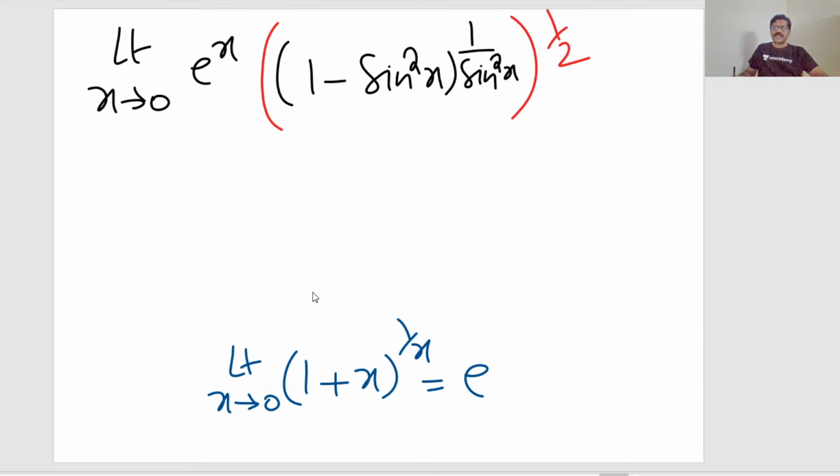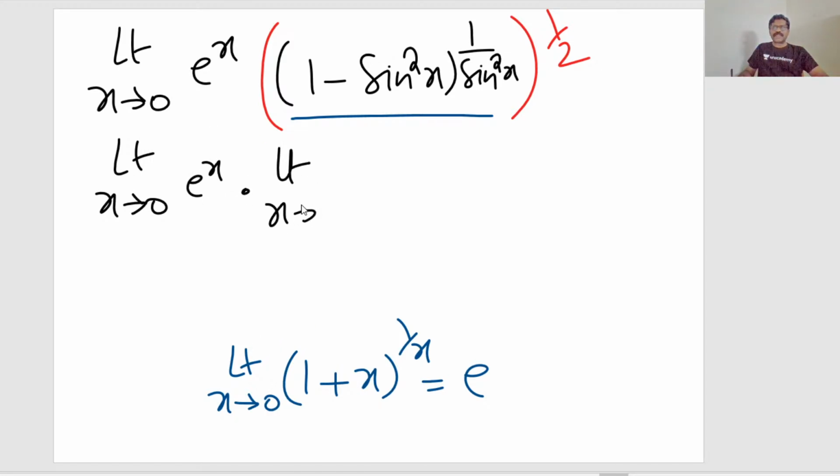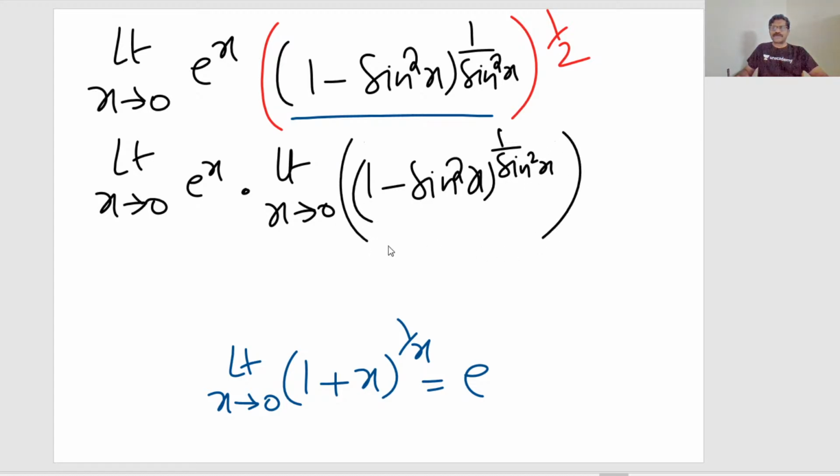By applying this formula here, you will get limit x tends to 0, e^x, limit x tends to 0, (1 - sin²x) whole power 1/sin²x, whole power 1/2.